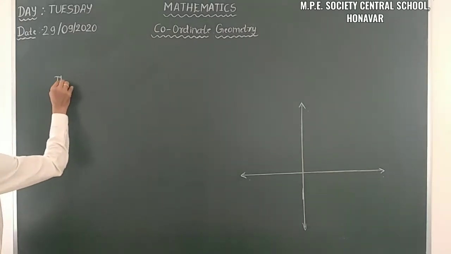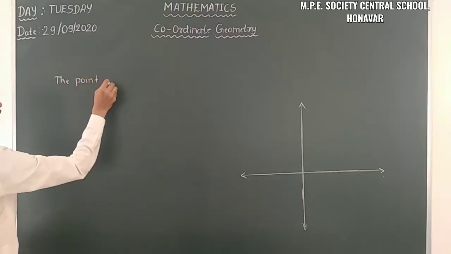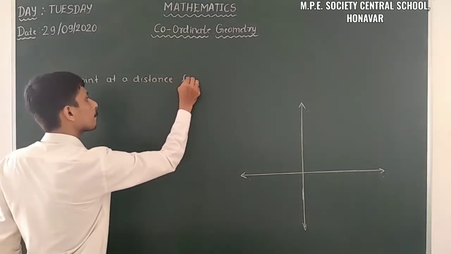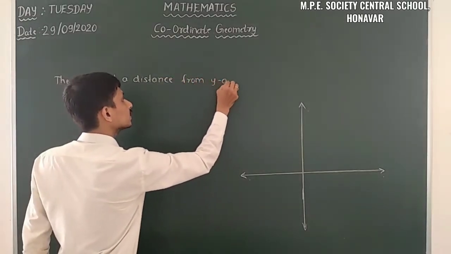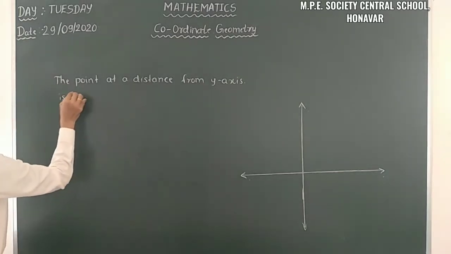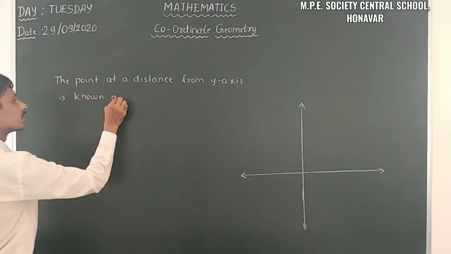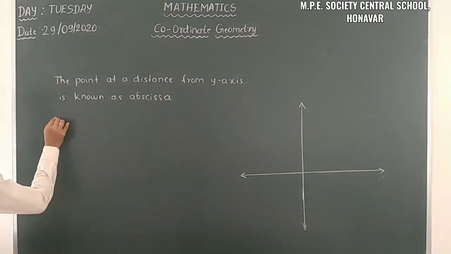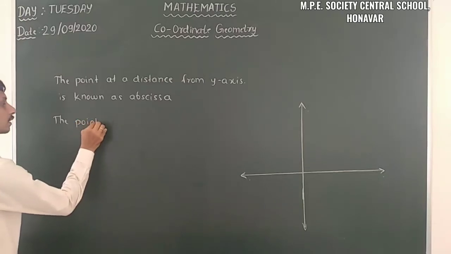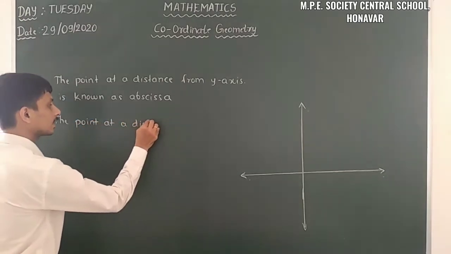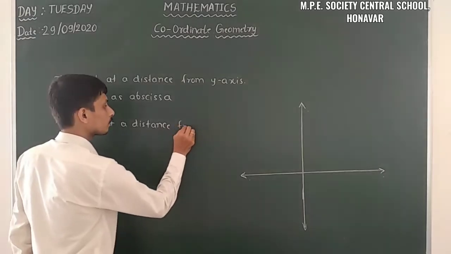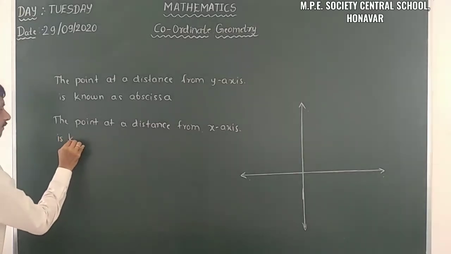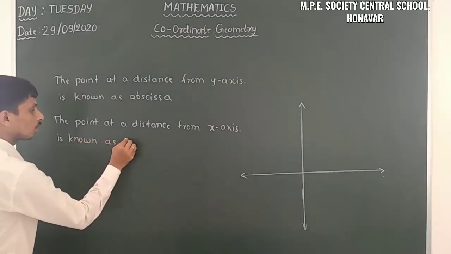Firstly, the point at a distance from the y-axis is known as abscissa, and the point at a distance from the x-axis is known as ordinate.